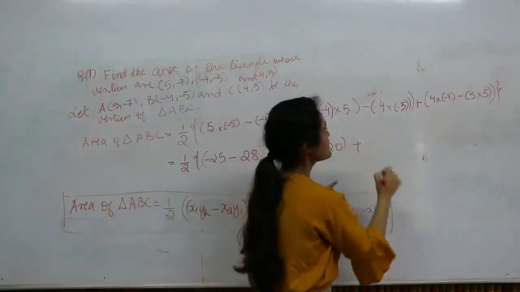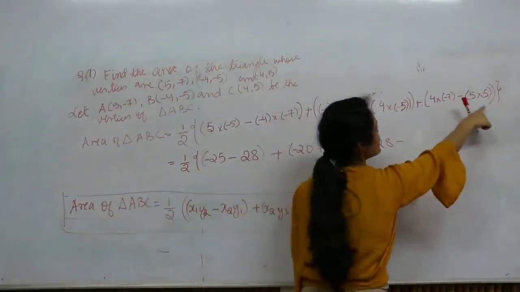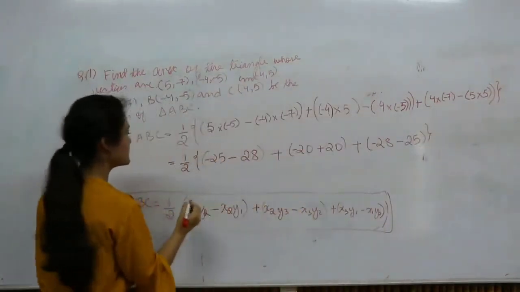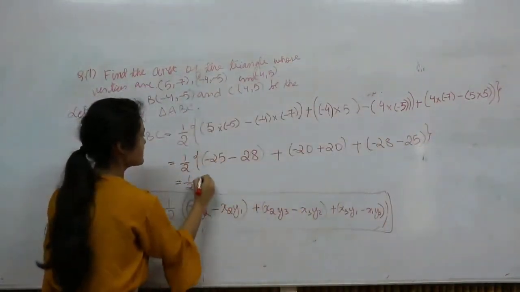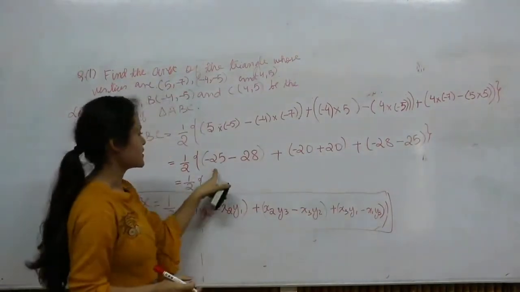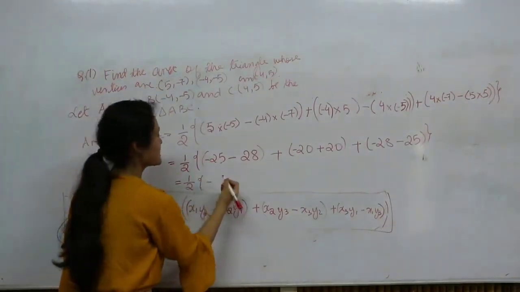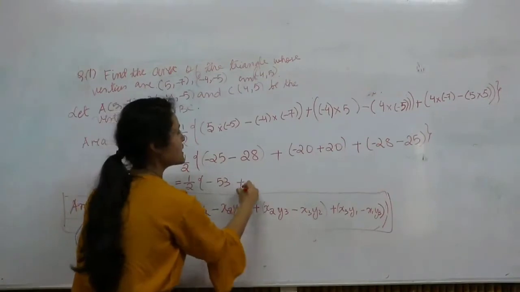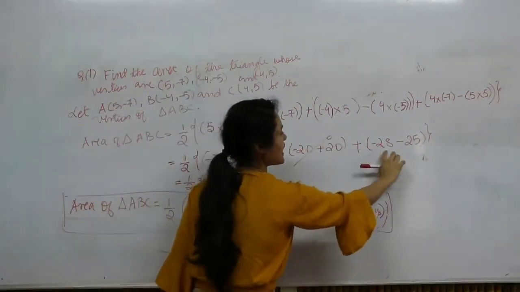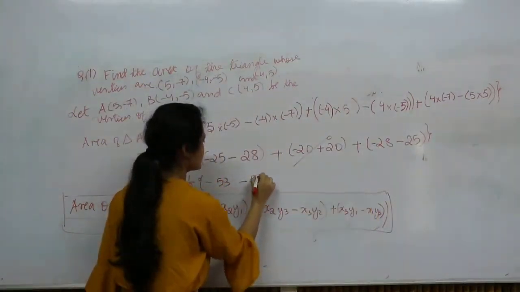Plus 4 into minus 7 minus 28 and minus 5 into 5, 25. You add this one because it's minus, so you have to add with the negative sign. You get 53 plus minus 20, 20 you get 0, and then this one also you just add because both of them are minus, and then you will get minus 53.